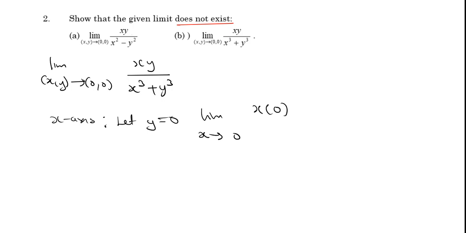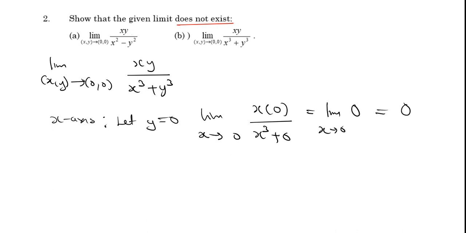So I'll have x cubed plus 0 cubed, and the cube of 0 is still 0. So on top it will give me 0, and dividing by that gives me 0. So I get the limit as x approaches 0 of 0, which is 0. So in the first case, I have found that my limit is 0.